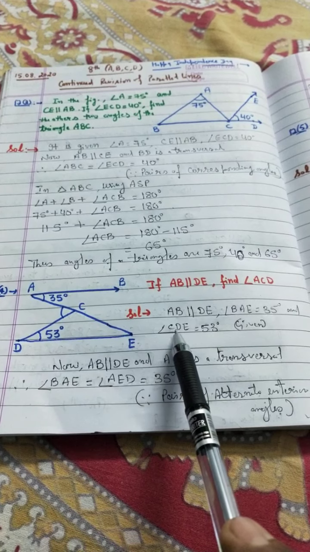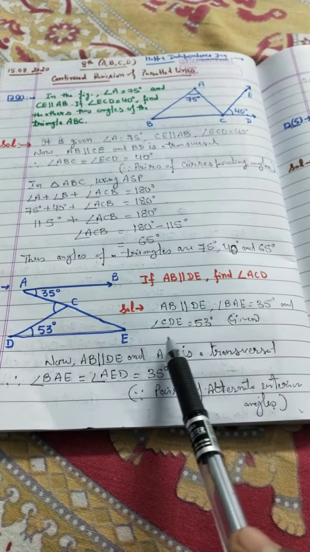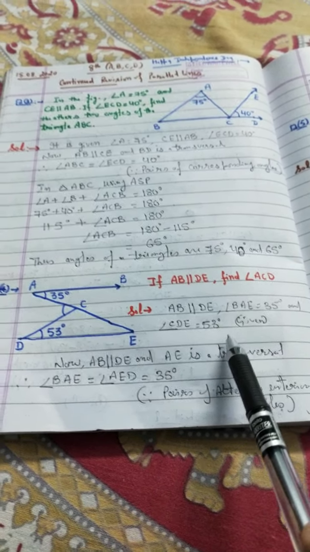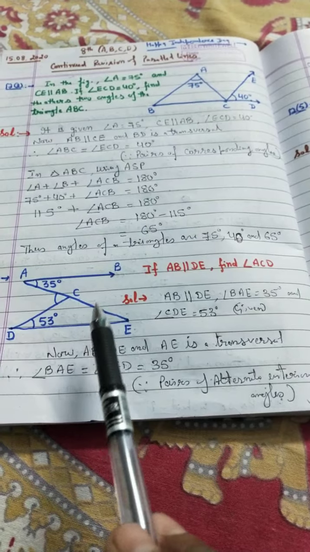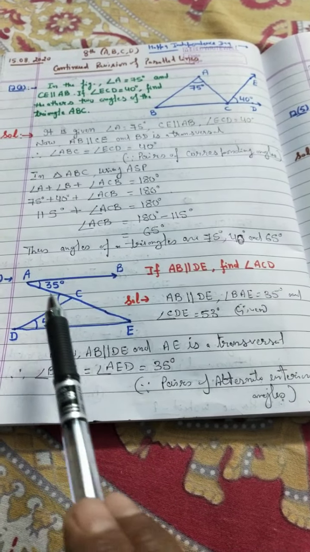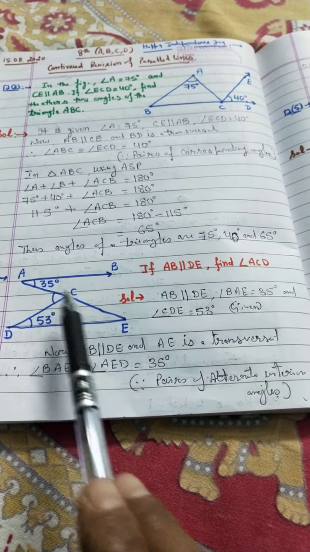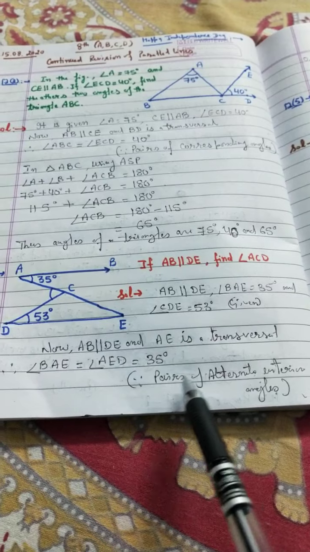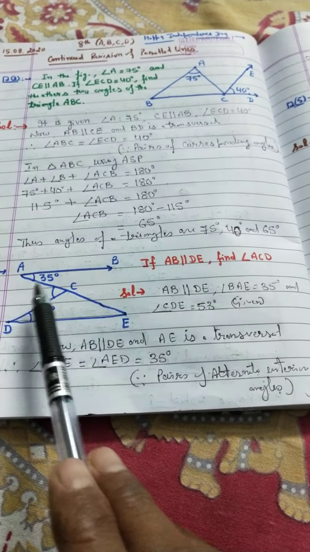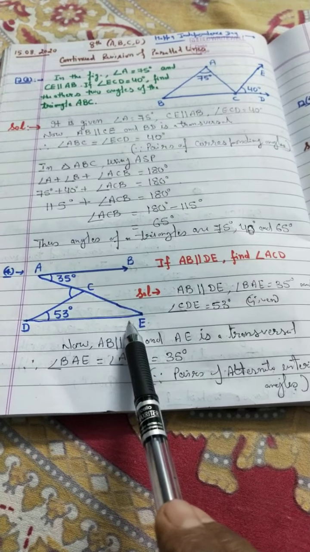It is given that AB is parallel to DE, angle BAE is equal to 35, and angle CDE is equal to 53. Now AB parallel to DE, therefore angle BAE is equal to angle AED. They are a pair of alternate interior angles. If angle BAE is equal to 35, then angle AED is also equal to 35.